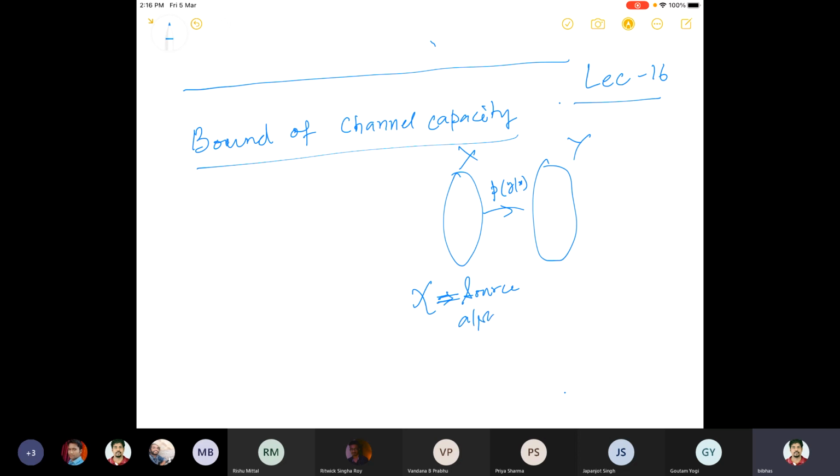There is a probability distribution on this sample space, and there is another, the output alphabet. It is like A1, A2, up to AK here, and here I have B1, B2, up to BJ.